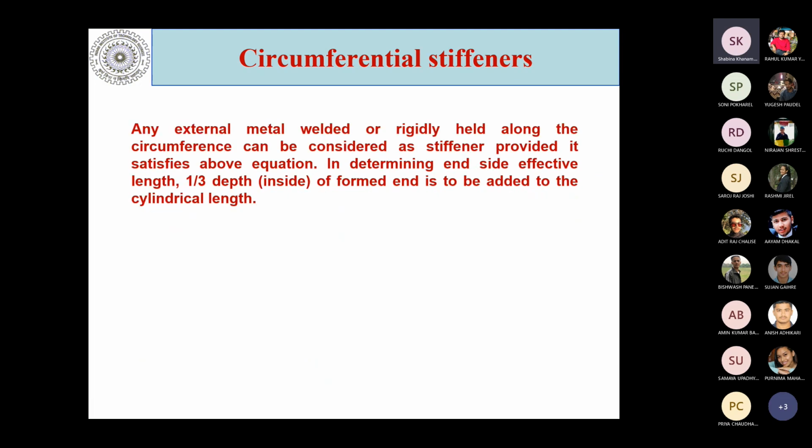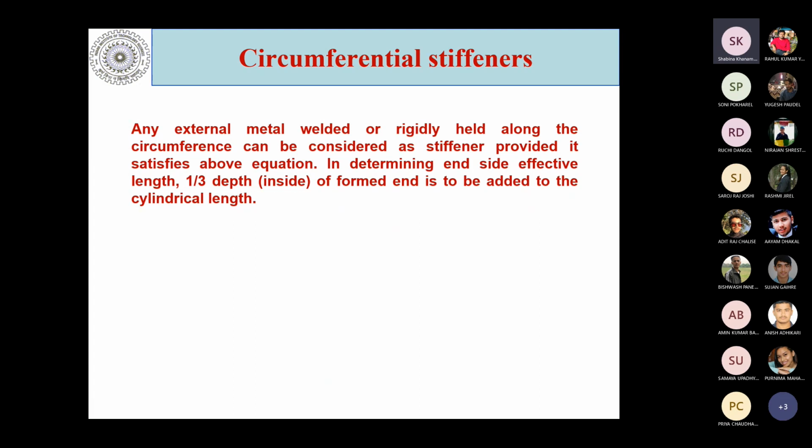So any external metal welded or rigidly held along the circumference can be considered as a stiffener, provided it satisfies the above equation, right? In determining the effective length, one third of the depth inside of the formed head is to be added to the cylindrical length.